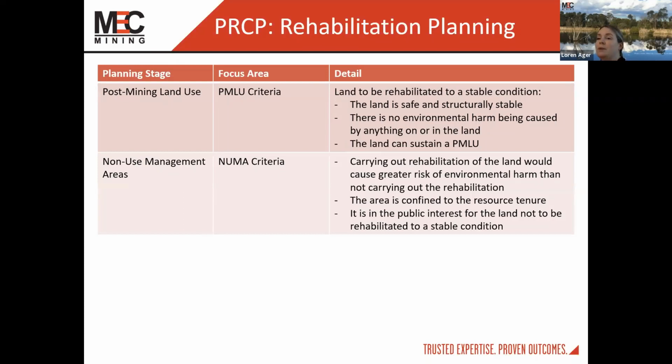However, some of these issues is that if you decided to rehabilitate that, or if you tried to bring it back to the current native land use, the costs involved and the footprint that would be created by trying to rehabilitate a void back to, say, a natural profile of contoured land in the area would mean you'd actually be disturbing more land and having a more negative environmental impact on that area.